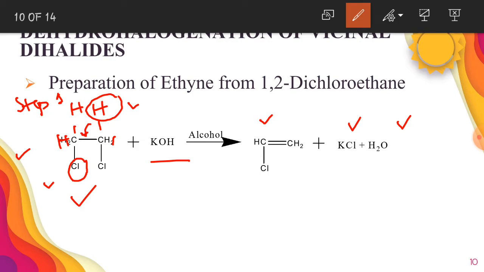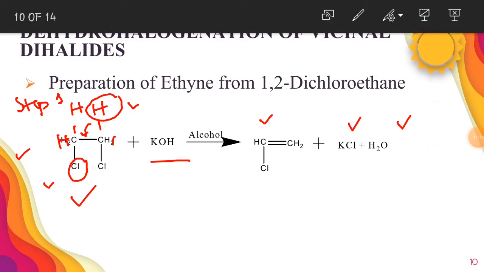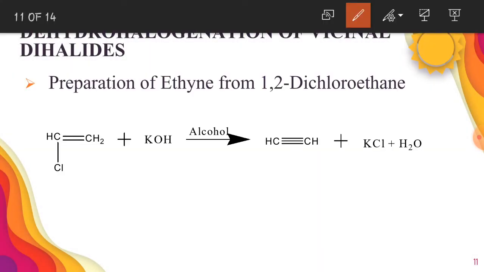You have read about this reaction in the previous lecture, which involves the formation of alkenes. Now this is the first step. In the second step, we still have a chlorine atom attached in this organic compound. So what will happen? I am simplifying this organic compound like this.